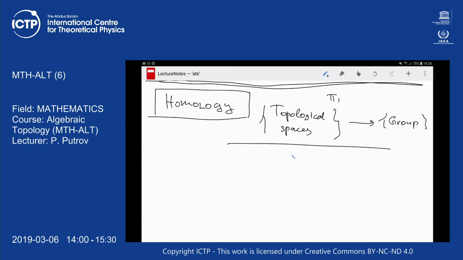The homology will be similar. But as you will see, for a topological space it will actually assign a collection of groups, and they will always be abelian groups.